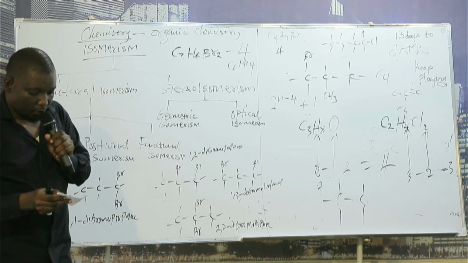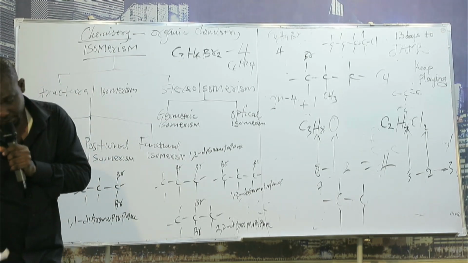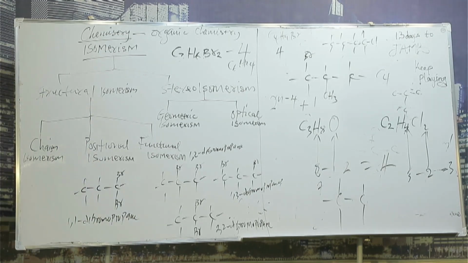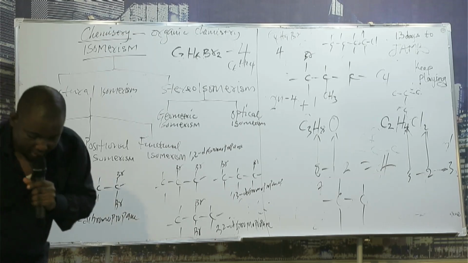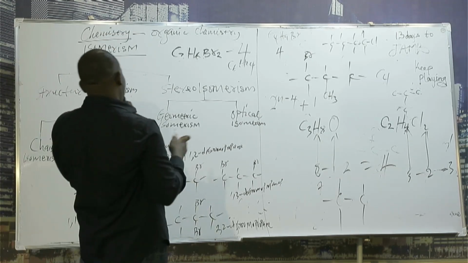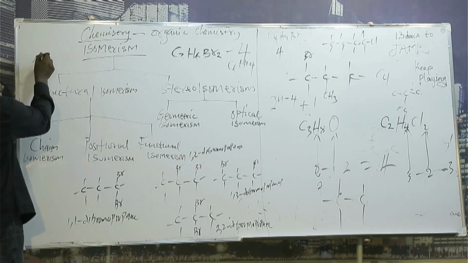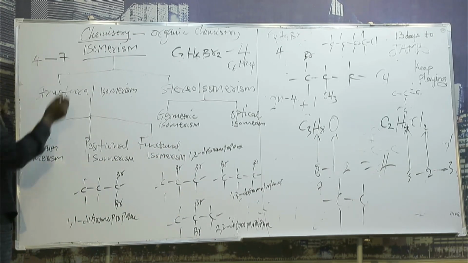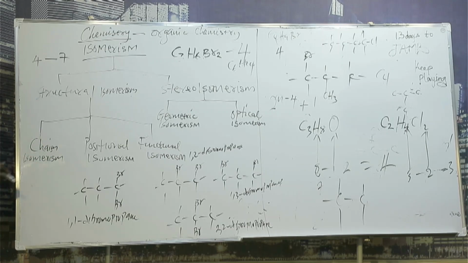Okay, I've answered you. But for those of you who will still insist that the formula can work, please never use your formula beyond C4 to C7. That is from butane, make sure you stop at heptane.